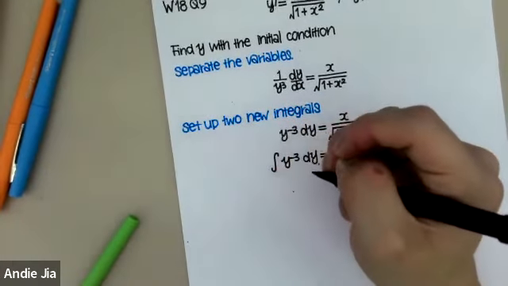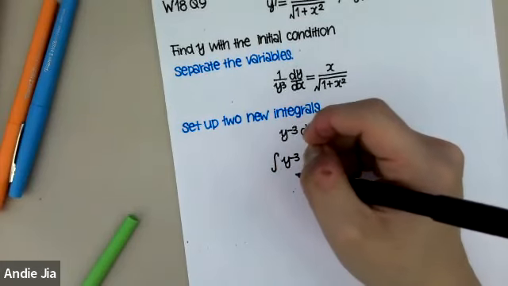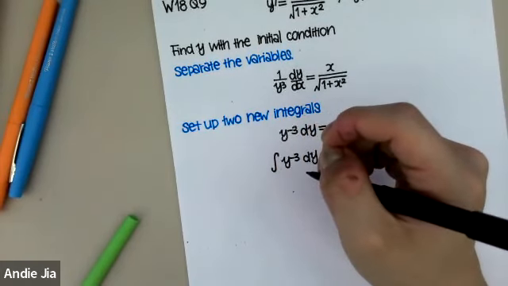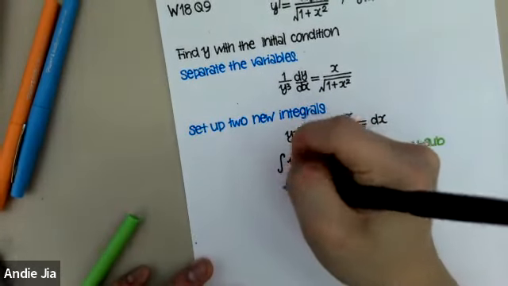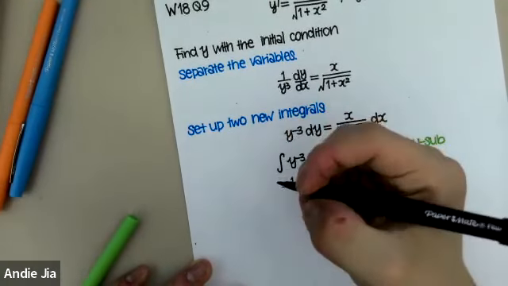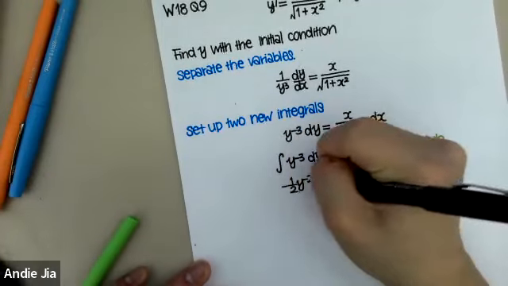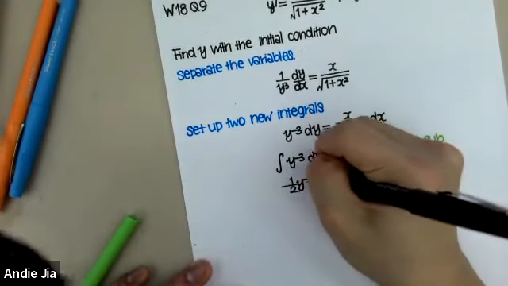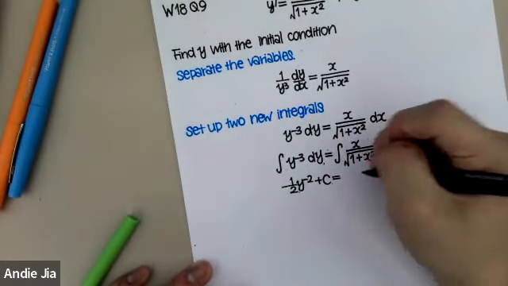So we're going to have negative 3 plus 1 is negative 2, so negative 1/2 y to the negative 2 plus a constant of integration. Here we make a U-substitution.